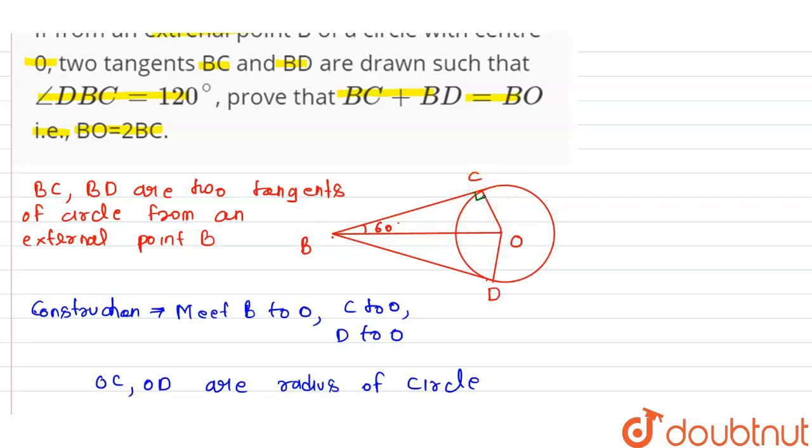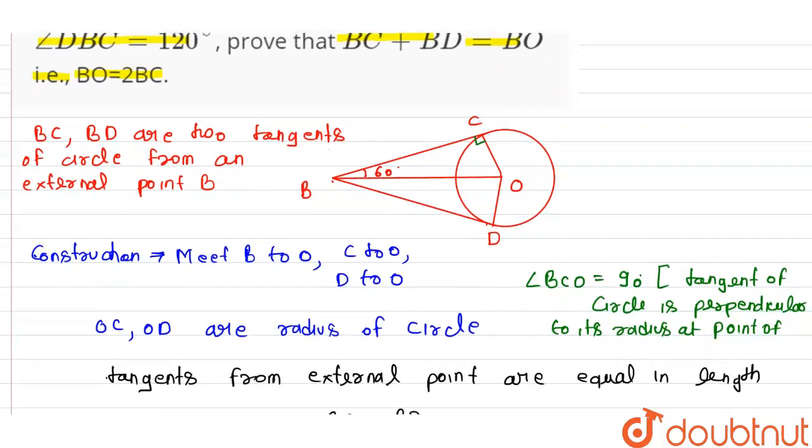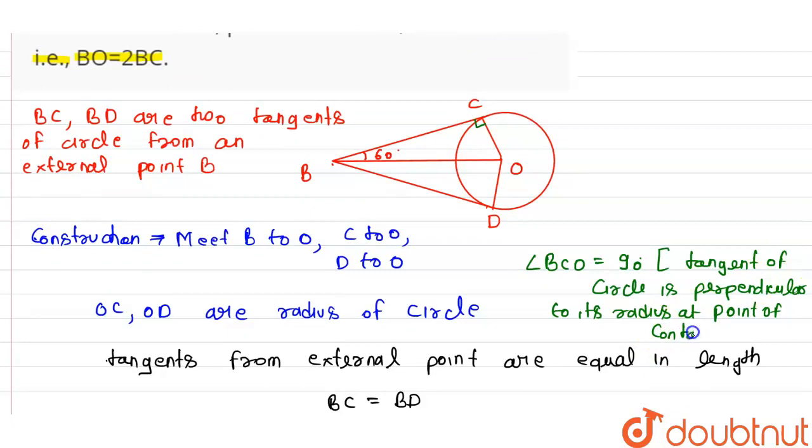So angle BCO equals 90 degrees, because the tangent of a circle is perpendicular to its radius at the point of contact. So angle BCO is 90 degrees.